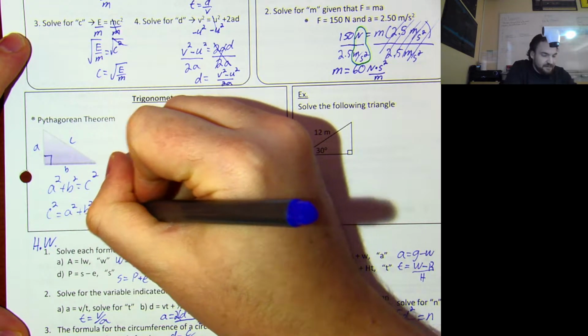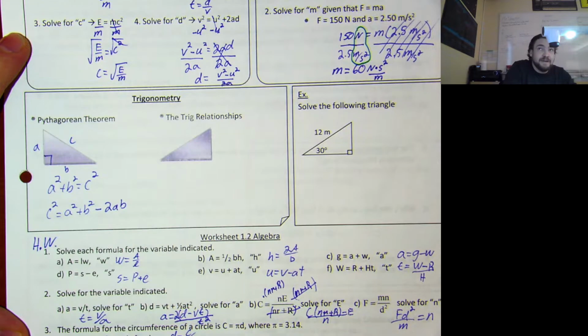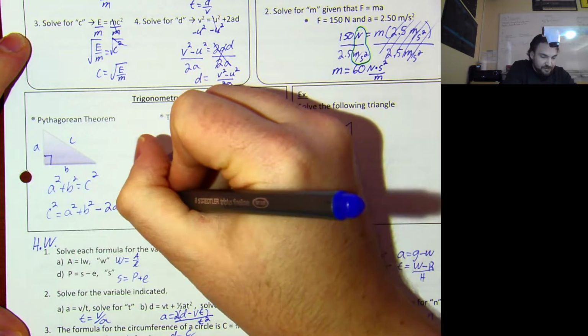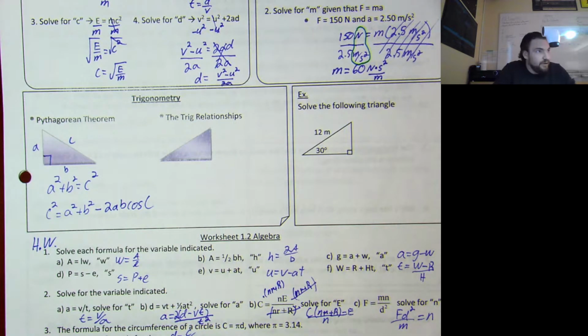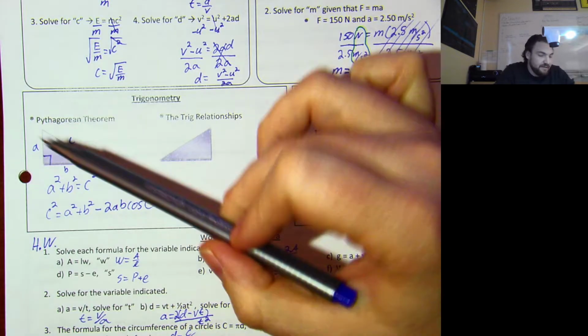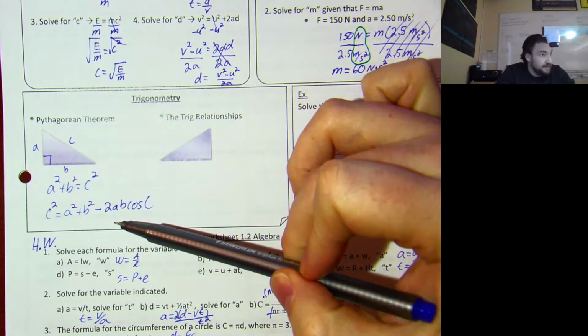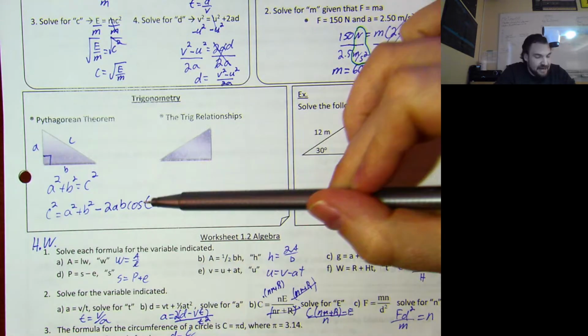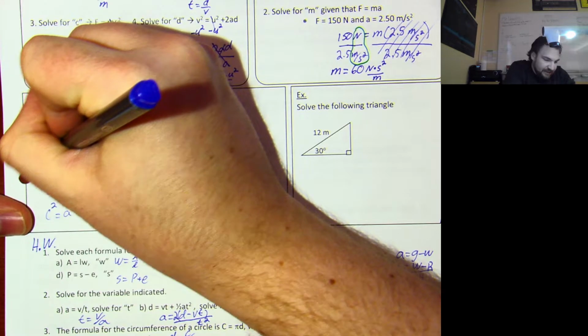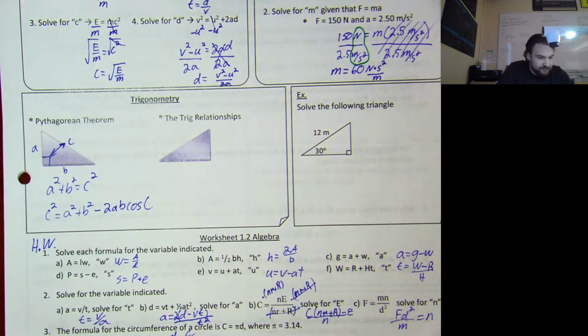Minus 2ab cos of what? We give the angle the same letter as the side that it's across from. In this case, that's side c, angle big C, and these are across from each other. So if we need cosine law, here it is.